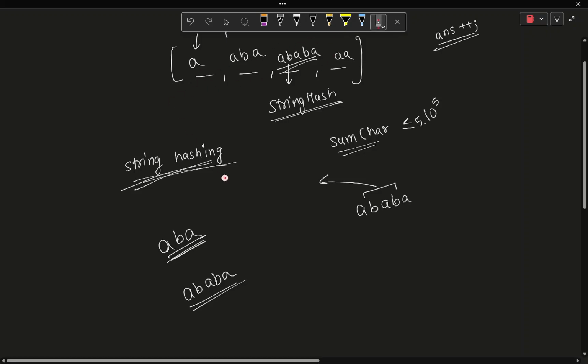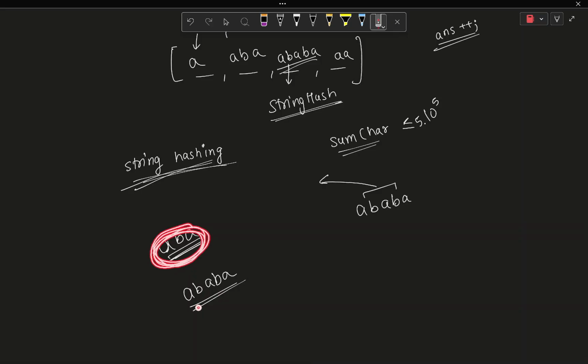And now if you want to check whether this string comes up as a prefix or suffix in this string, you don't really have to run a for loop of this much size. Instead, you can just find the hash of the complete string.